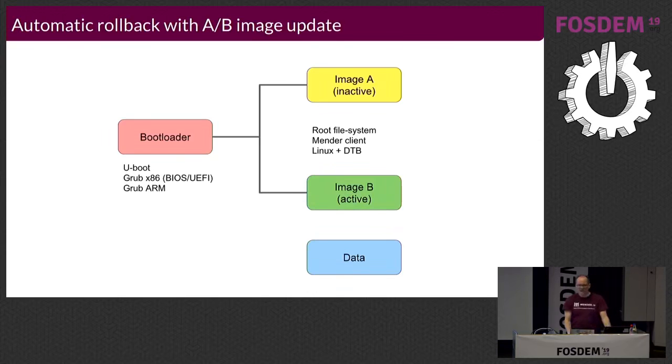If for any reason this system reboots, we simply jump back here. The logic in the bootloader will know that update had not been committed, and it will automatically switch us back to image A. If in the failed image the system was up far enough that the Mender client application code is actually running and can detect a failure, we will automatically trigger the reboot.